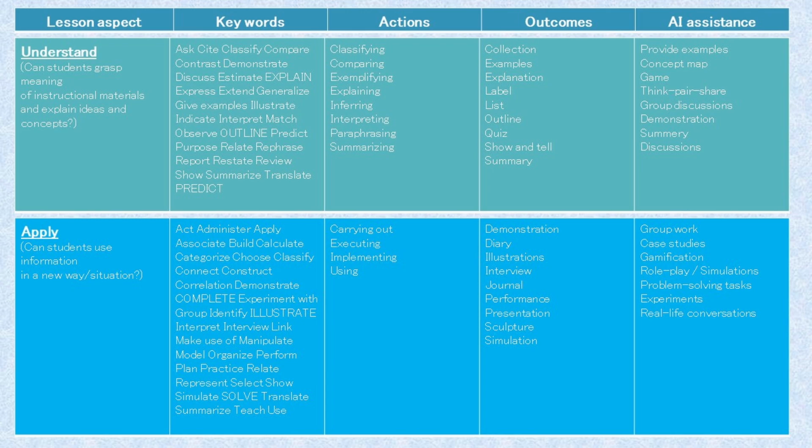This could be to explain something, provide examples, demonstrate, etc. The teacher then gives instructions to the AI using keywords to create a game, role-play scenario, or topics for group discussions, depending on the desired outcome. This way, students can reach the outcome through actions.